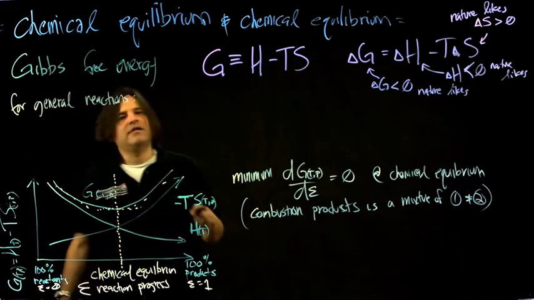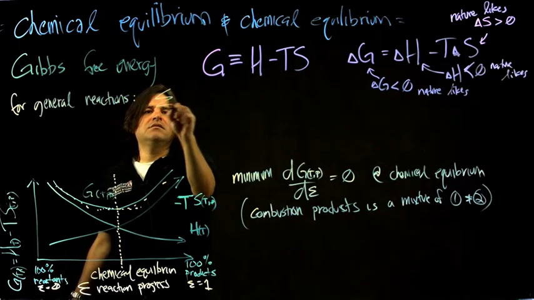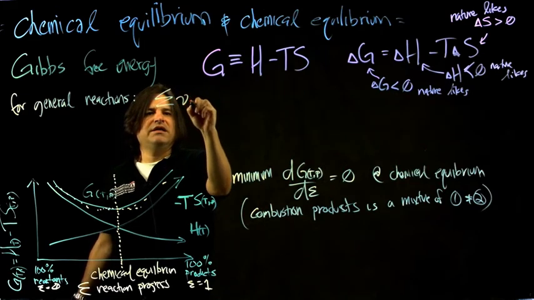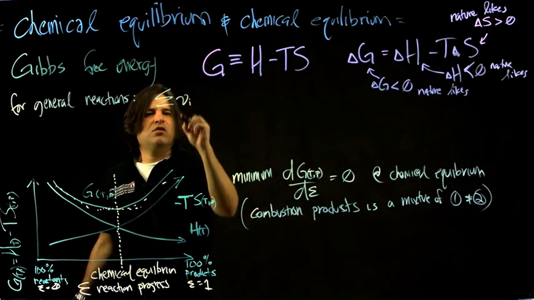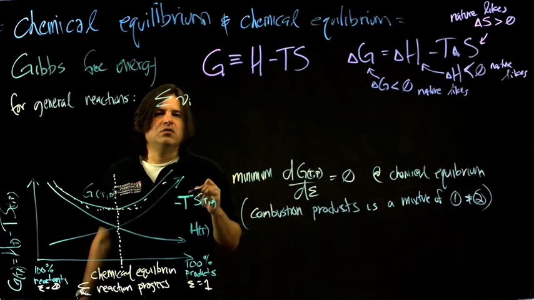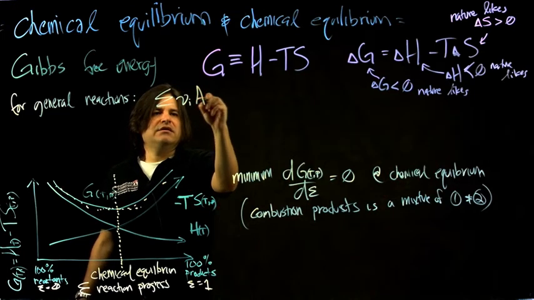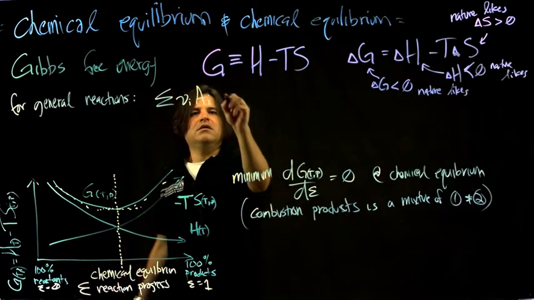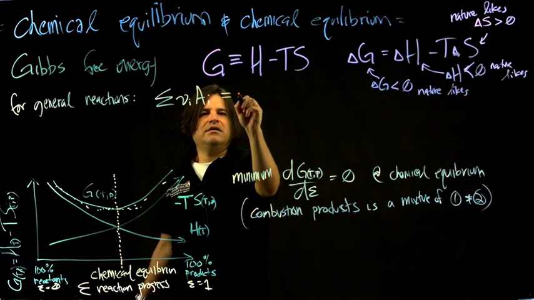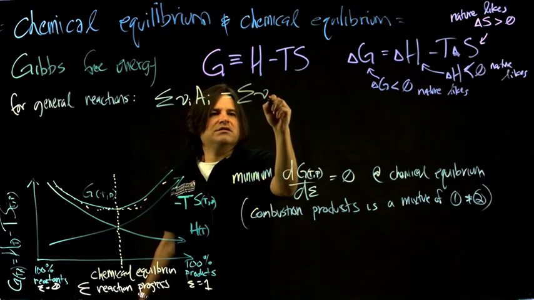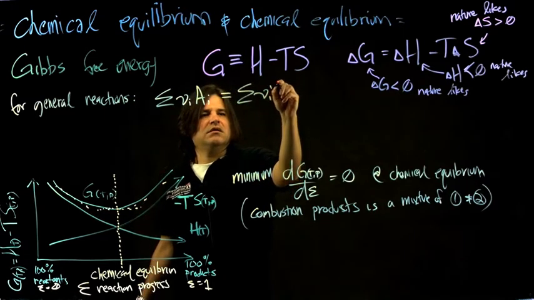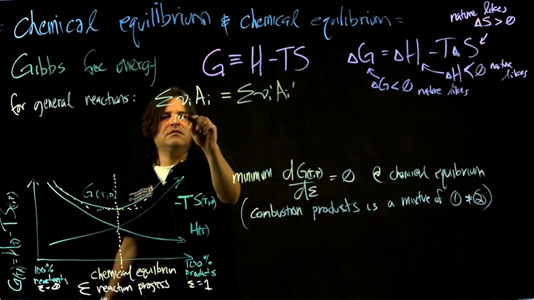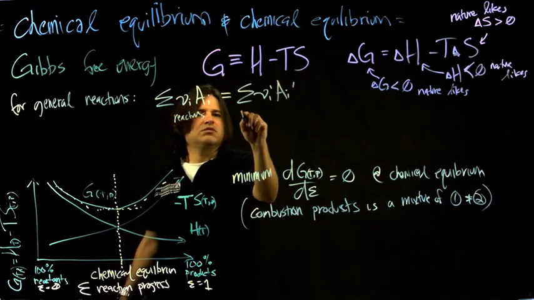you can say that the reactants, let's say each reactant has a coefficient in front of it, let's call it nu, and then each reactant has an identity, let's call it I, like a molecular formula, is balanced by the product. Let's call it nu prime. So this is reactants. This is products.